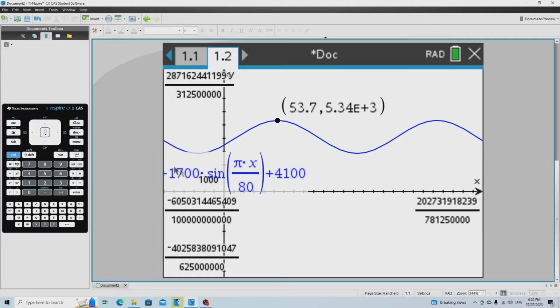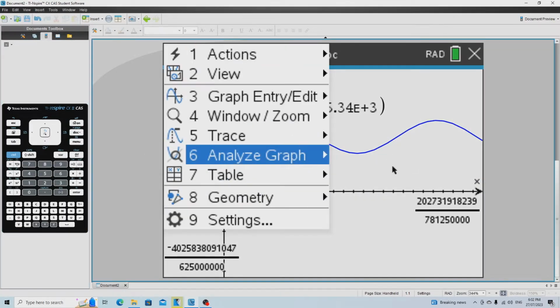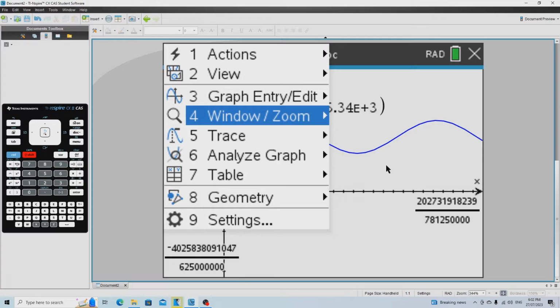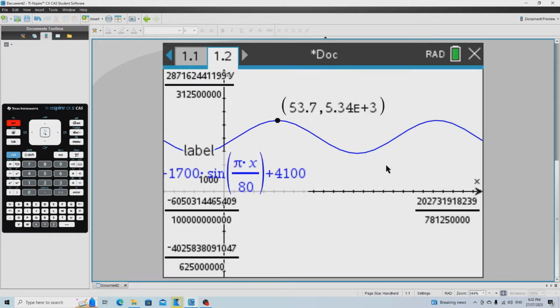Okay, we got this. Is there a domain restriction? We do have a domain restriction, because if we look at this graph, it's from 0 to 320.